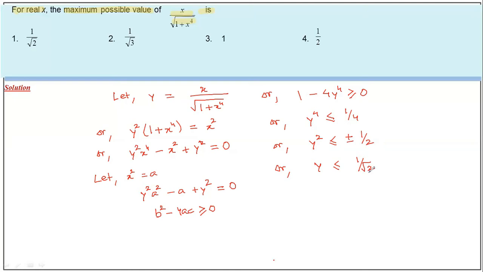So this is the maximum possible value of this expression, option 1.